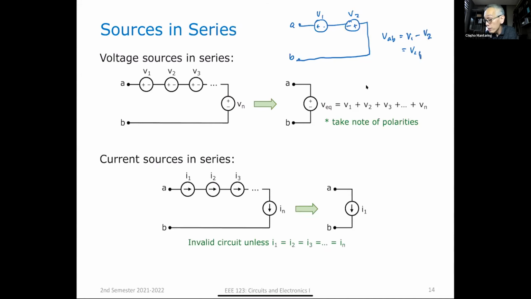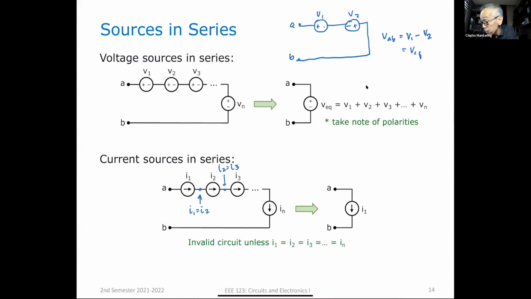What about current sources in series? If I apply KCL to any point of interconnection between two sources, for example here, Kirchhoff's current law gives I1 equal to I2. If I apply Kirchhoff's current law here, I get I2 equal to I3.